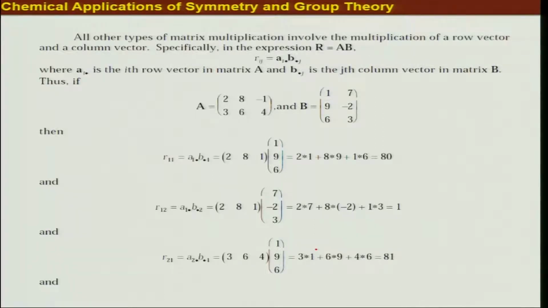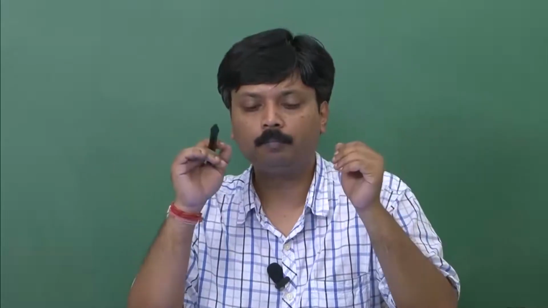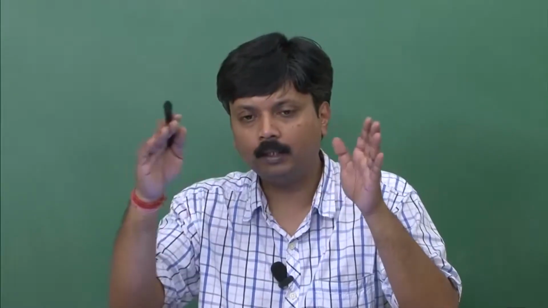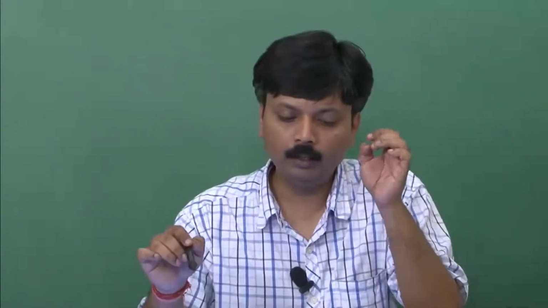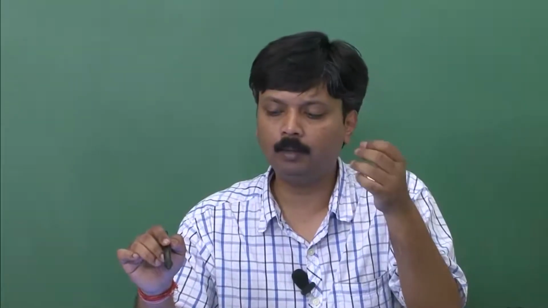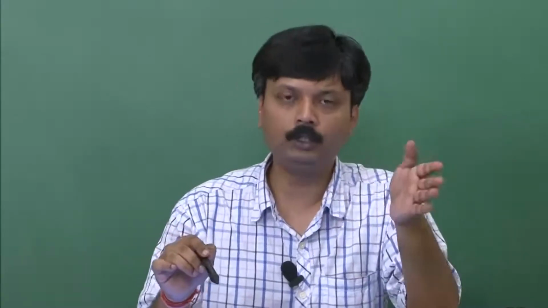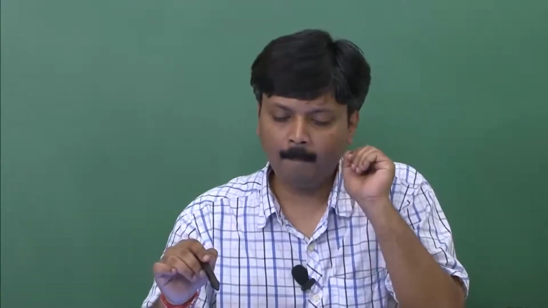You can imagine any given matrix of whatever order as an ensemble of several row vectors or several column vectors. So in general, matrix multiplication just involves the multiplication of a row vector and a column vector, like we showed in the previous slide.